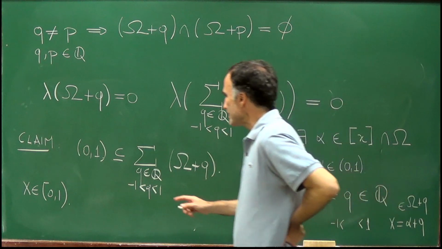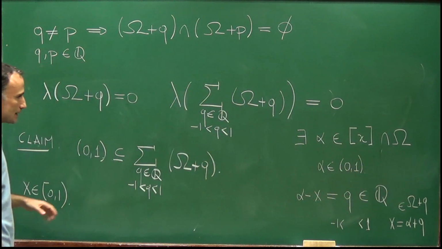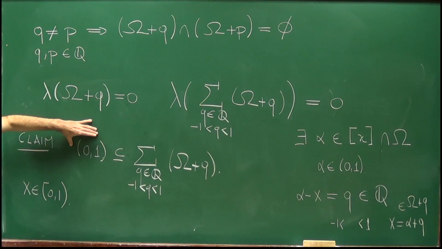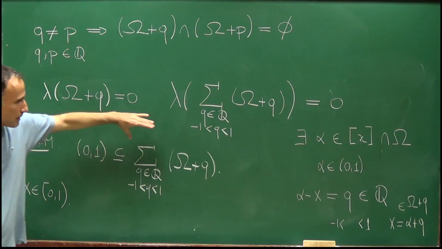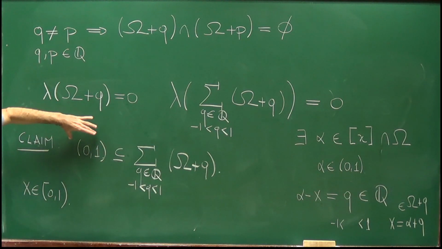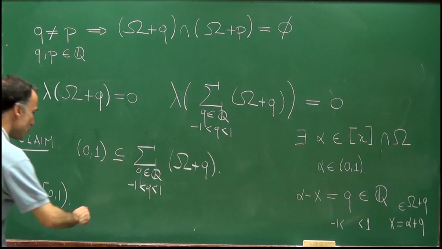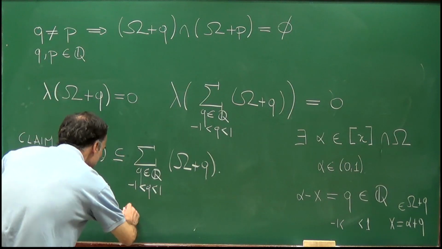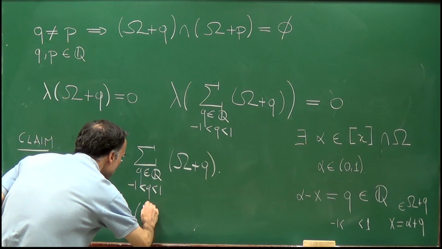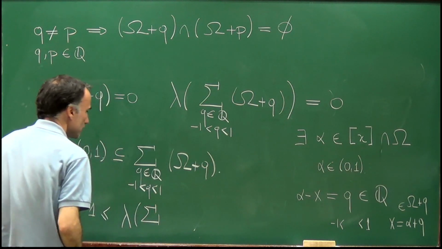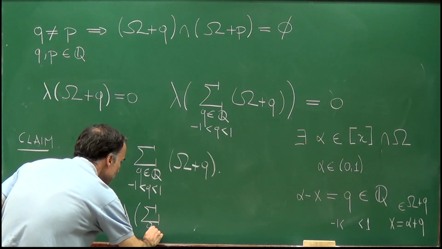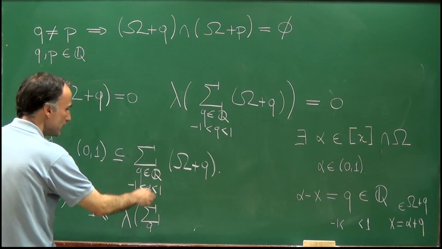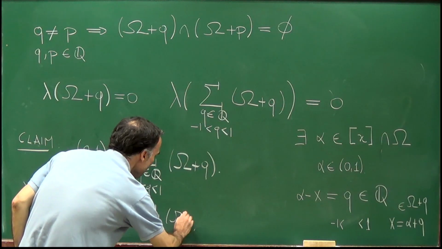Again, since this set contains that one, we know that the measure of this set has to be greater than or equal to the measure of this set. The measure of this set is 1. So 1 is smaller than the measure of the union over all rationals q between minus 1 and 1 of omega plus q.